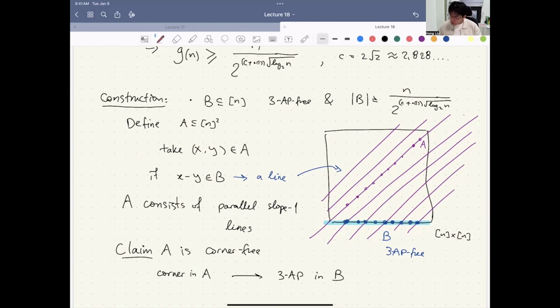Why? Let's draw a picture. If you have a corner, it looks something like maybe like this. Okay, this is a corner. If you have a corner, maybe it looks like this.